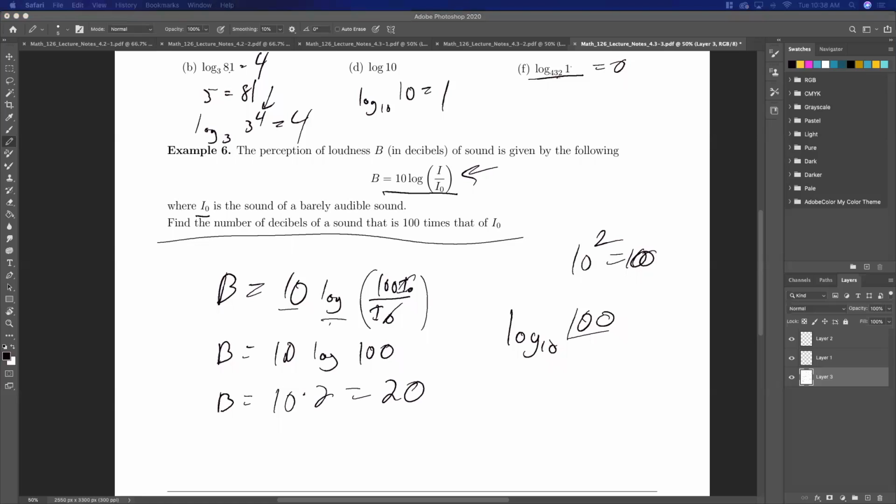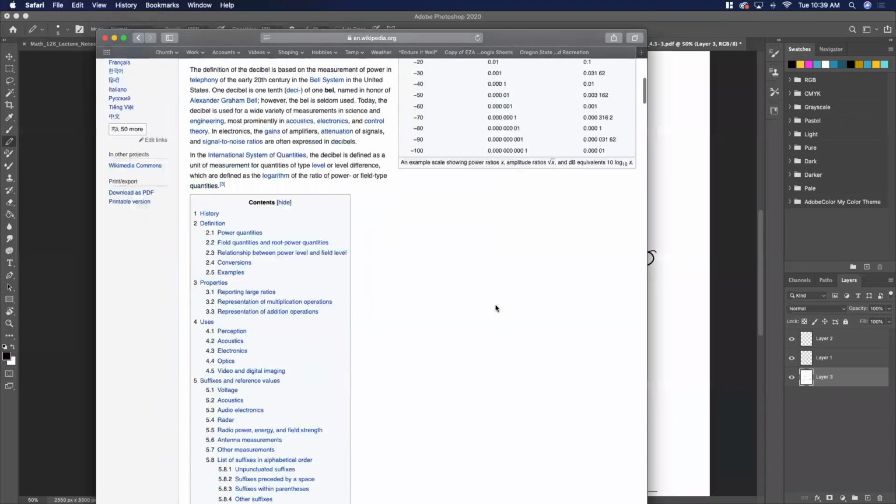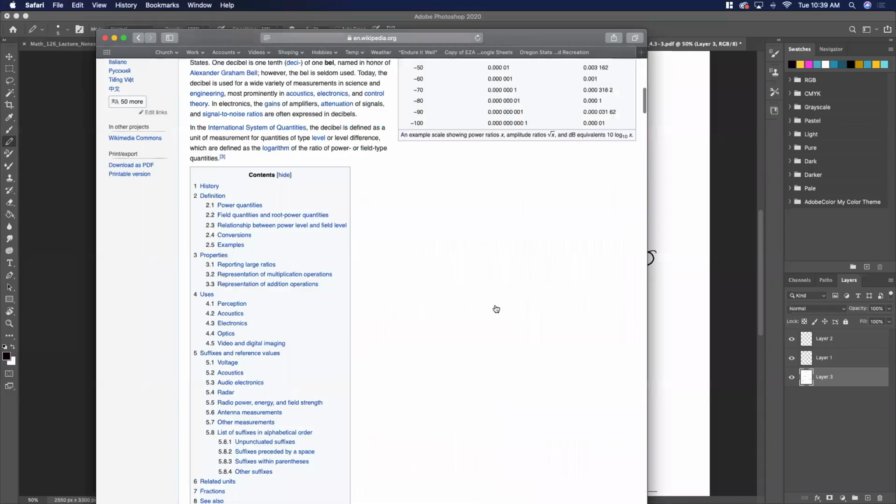And just for funsies, let me show you the two things real quick. So decibels, how do I spell that? Fine, all right, so the reason we do this is, here's a bunch of decibels and things. Does it have power quantities? No, it's not telling me what I want.